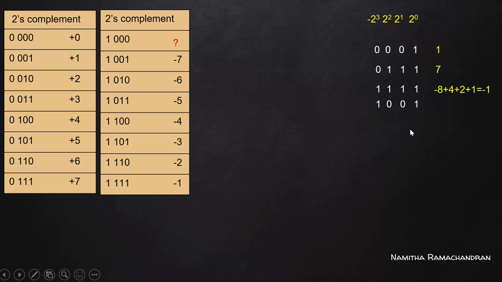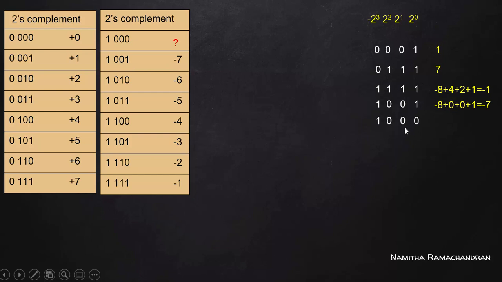Okay, consider another example. Here, the product terms corresponding to these two bits become 0. So, 1 into 1 plus 1 into minus 8. That is minus 8 plus 0 plus 0 plus 1. That is minus 7. For this particular representation, the value is actually minus 7.